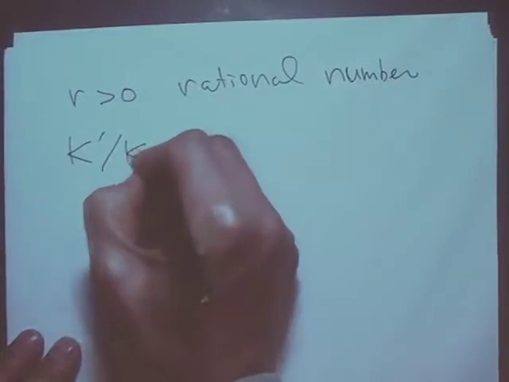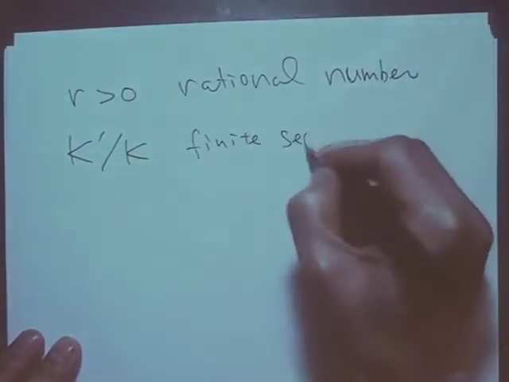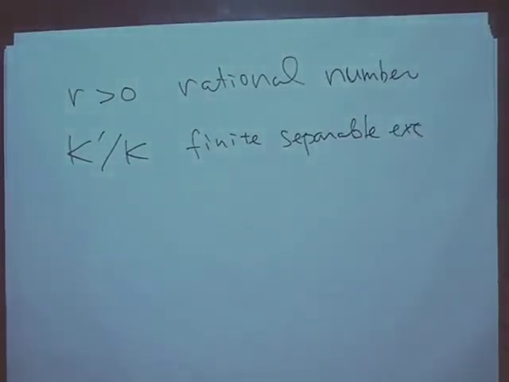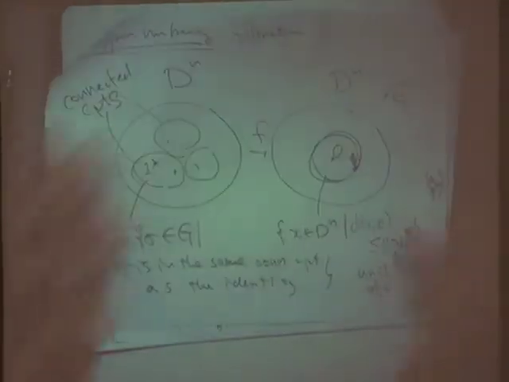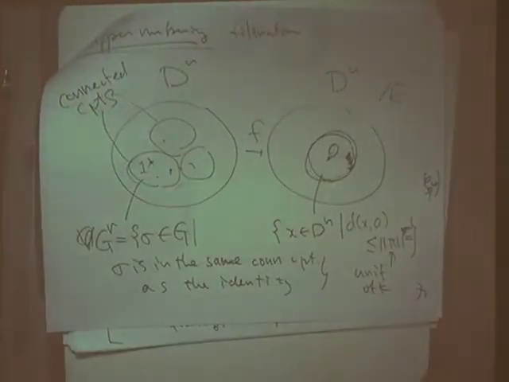Okay, and I need to take some finite extension. So this is a finite separable extension, because you may regard this as a rigid variety over K bar, but instead of going to the separable closure, we can take some finite separable extension and replace it by a larger extension.